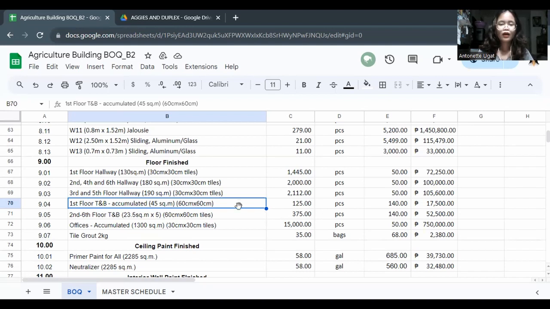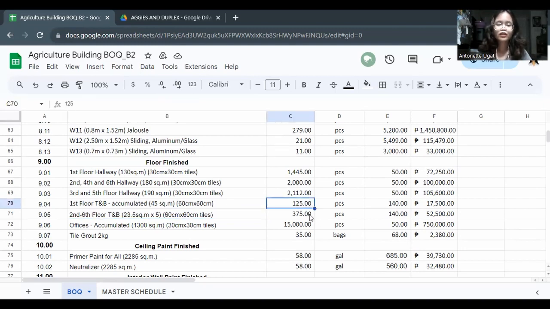So 45 square meters, and 23.5 square meters for the second to sixth floor, divided by 60 times 60, or 0.6 if we convert it to meters. And here is the number of pieces, so 125 and 375 respectively.